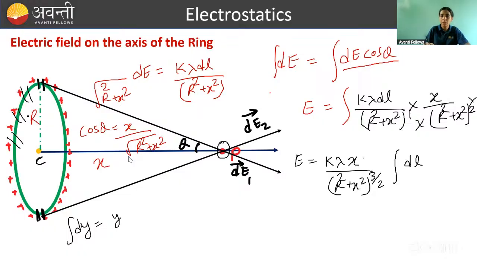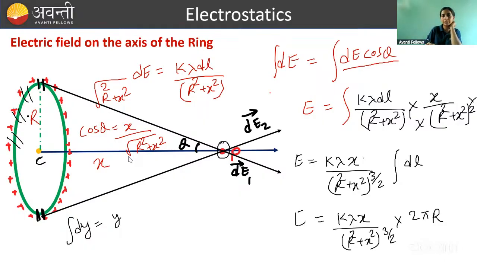The length of the ring. So the length of the ring is equal to 2 pi r. So this is the value of electric field you are getting. And the direction of the electric field is along the x-axis.